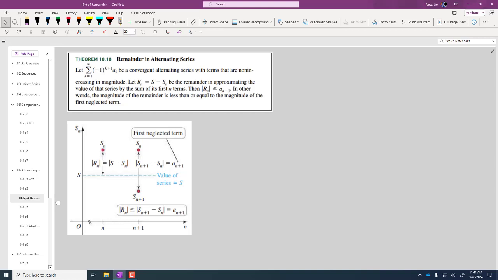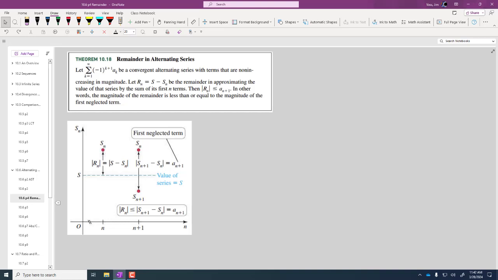The remainder for an alternating series, bless you, is the simplest of all series to analyze. So in this class, this is the only remainder we're really going to look at. When you get into numerical analysis or solving differential equations by computation or whatever, there's a million classes that you can take where you look at remainders in a more numerical way. We are going to just look at one.